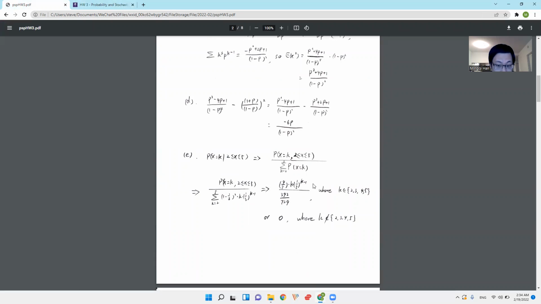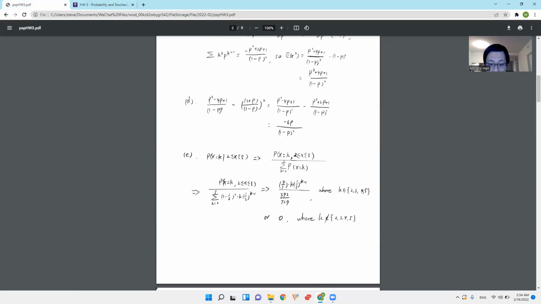Note that this is only positive at 2, 3, 4, 5, because X is less than or equal to 5 and larger than or equal to 2.